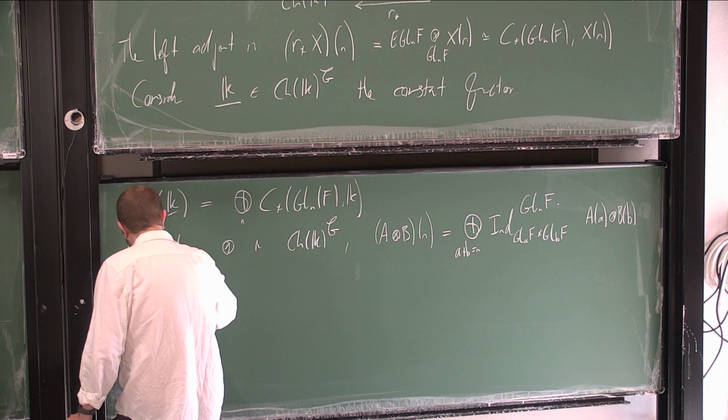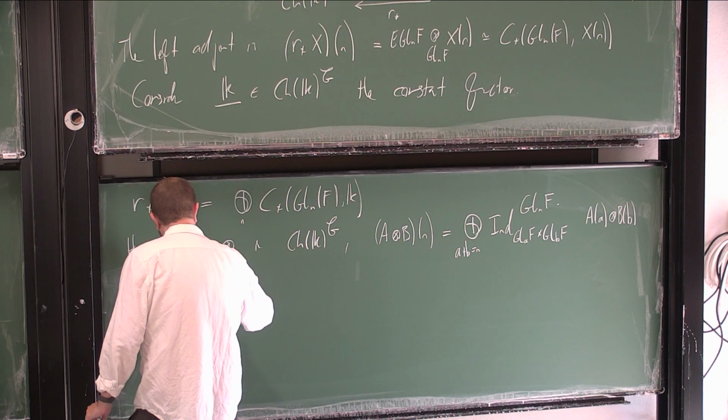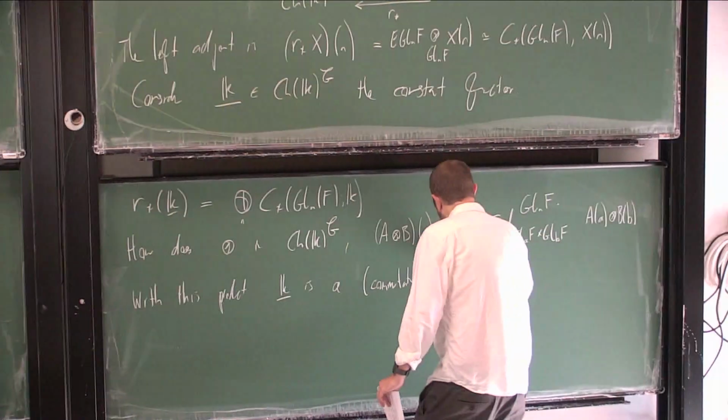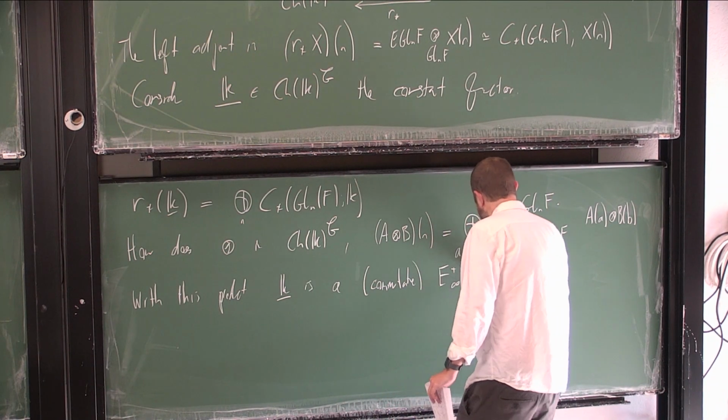So with this product, K underline is even literally commutative, as Jeremy says, but in particular it's then A infinity.